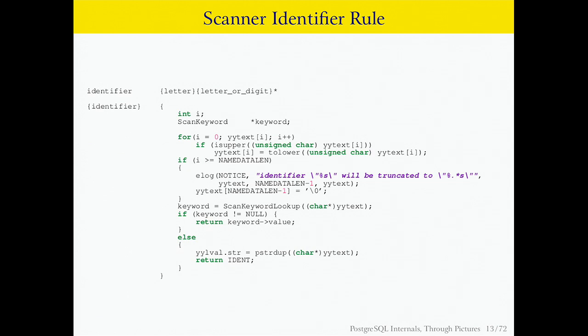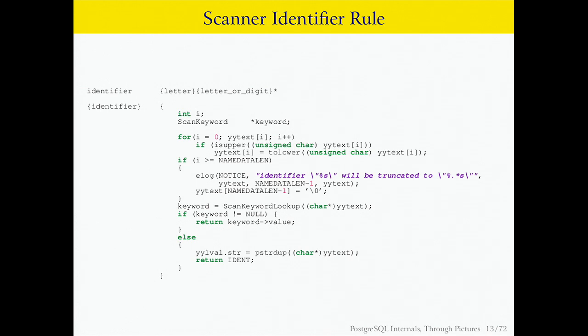And it will return either the keyword value or the identifier as a string. So for example, if you use the word select, that's a keyword. If you use the word where, that's a keyword. If you use the word employee, that's not a keyword.